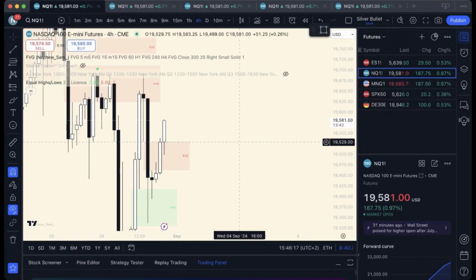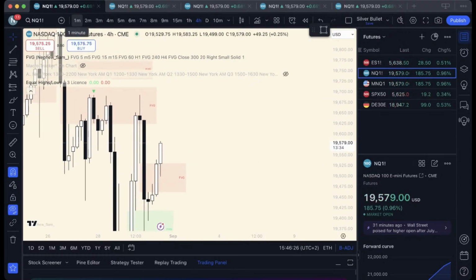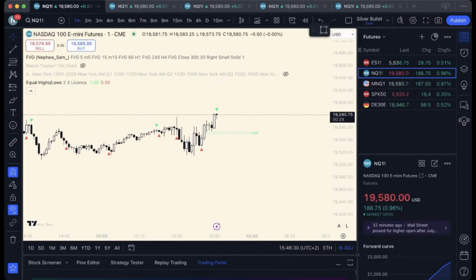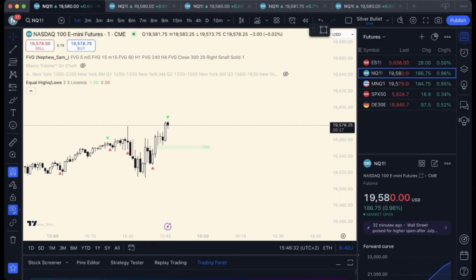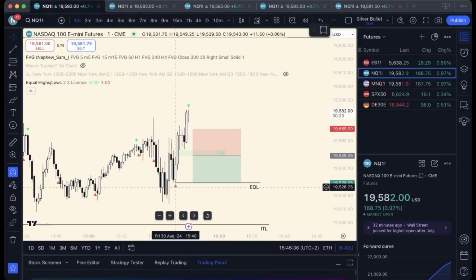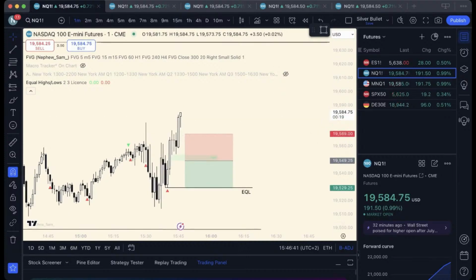Okay, we need to close at around 5:30 to be inverse. So yeah, can even look more for longs. But I'm also willing to take shorts because of those nice targets, those equal lows.